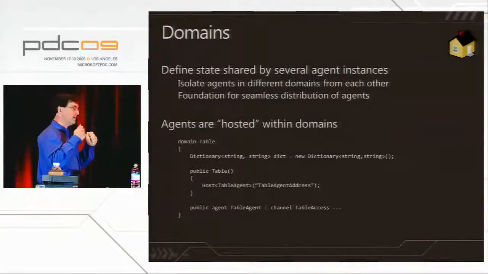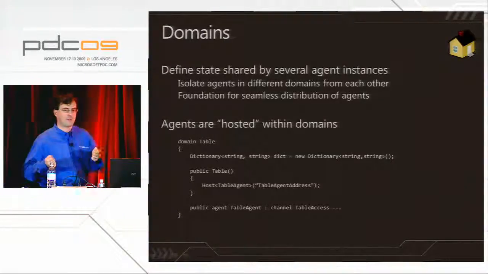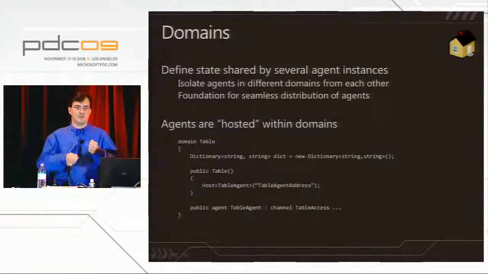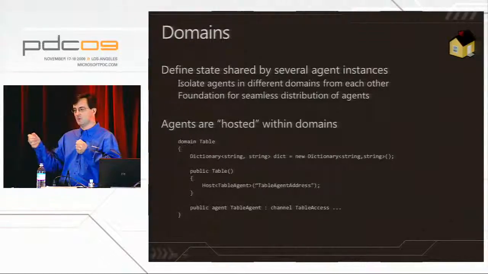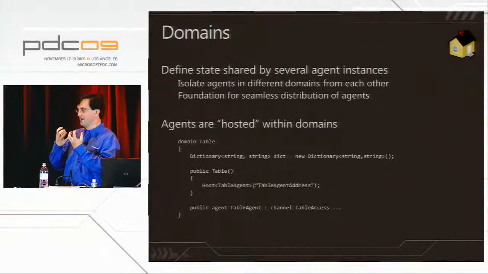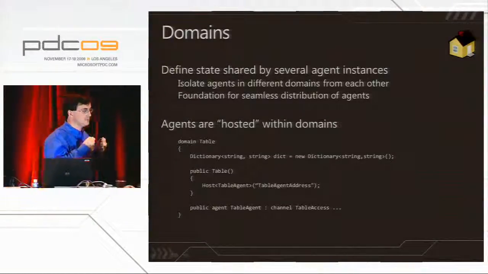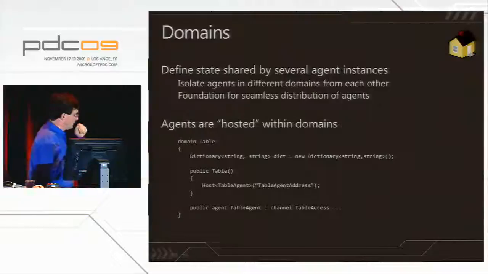But if we want to share data, we actually need to have a way of getting agents to be associated with existing domain instances, otherwise they're just agents again, right? So we need to hook them together. And we do this by what we call hosting, using the hosting APIs.